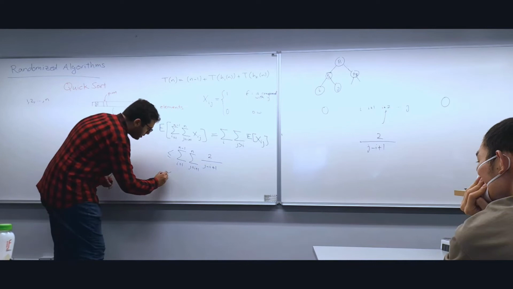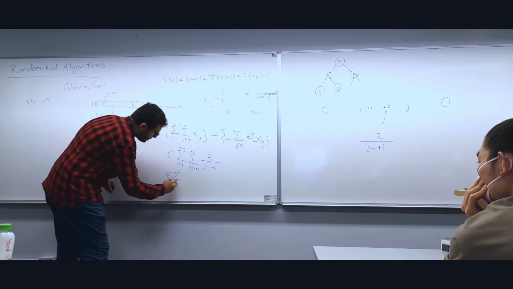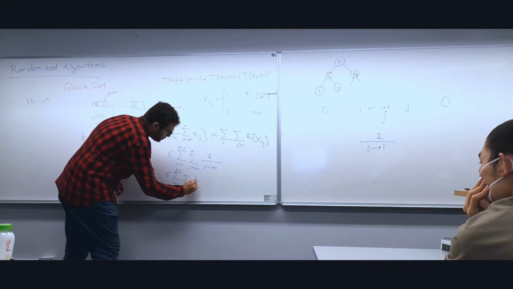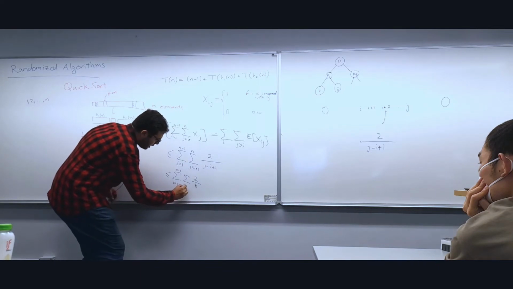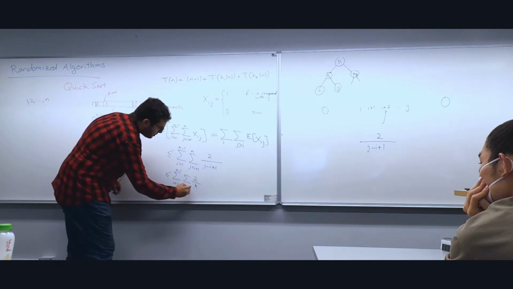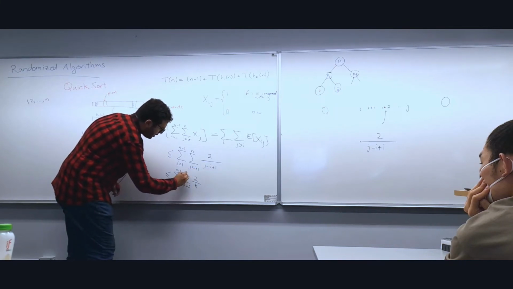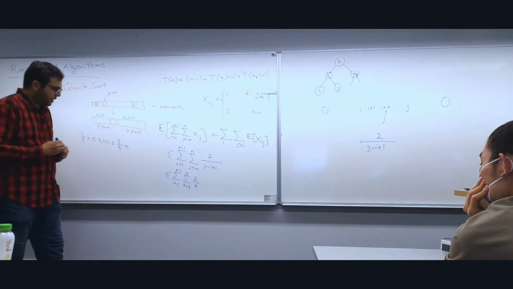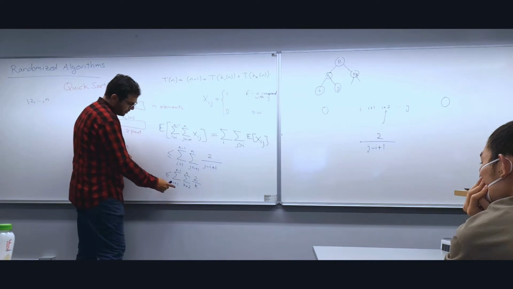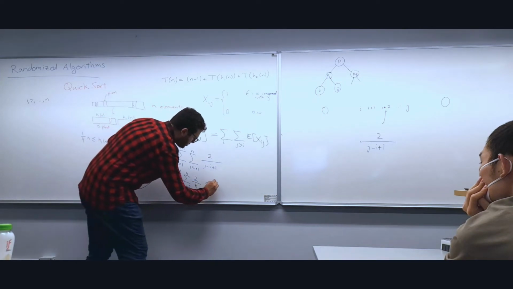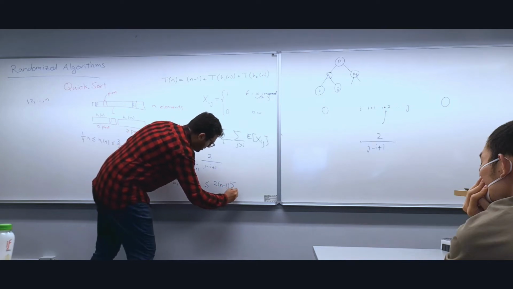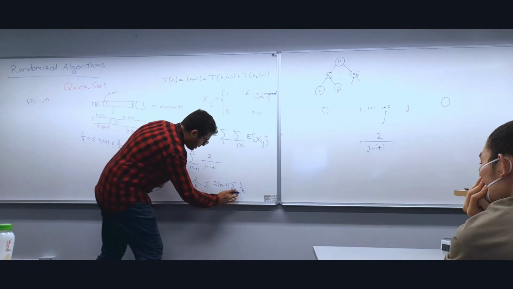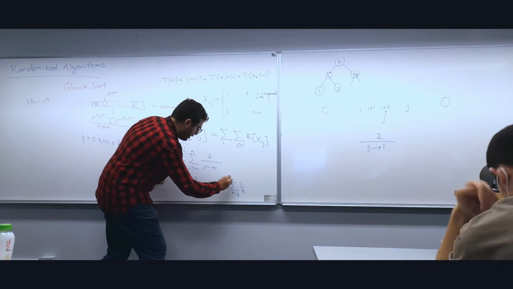So this is at most the sum over I from 1 to n minus 1, and then here I just say the sum of 2 over k, where k goes from 2 to n. Now this sum is the same for every I, so this is at most 2 times n minus 1 times the sum of 1 over k, where k goes from 2 to n.